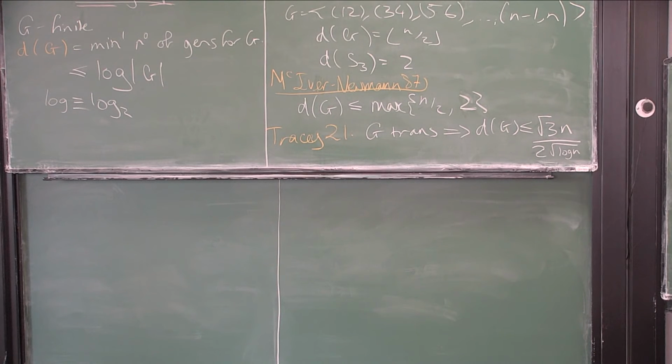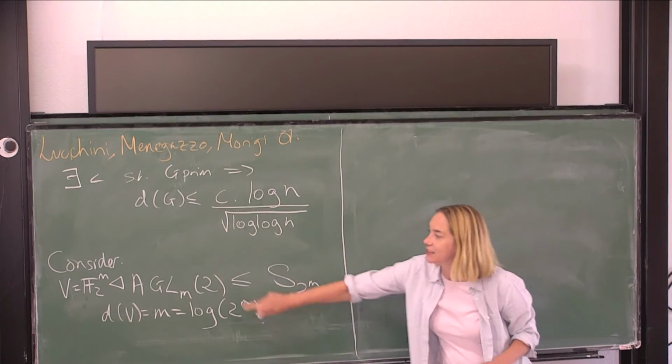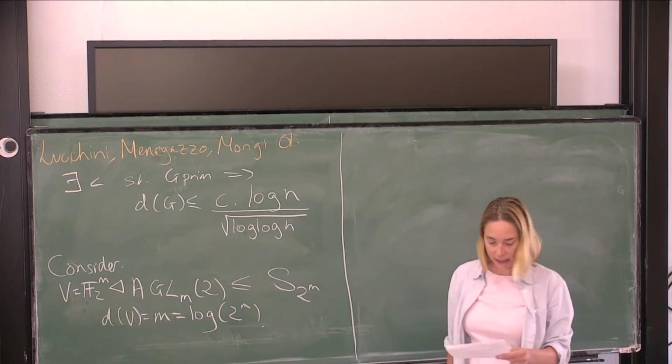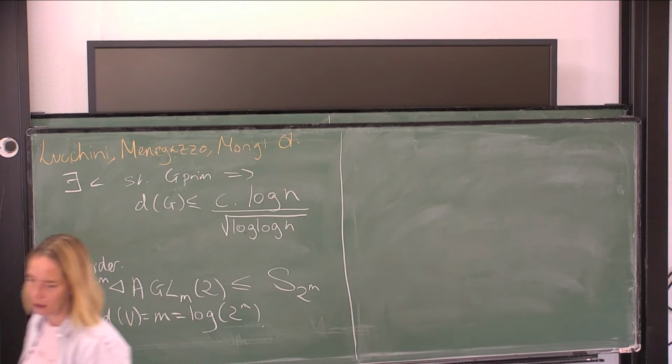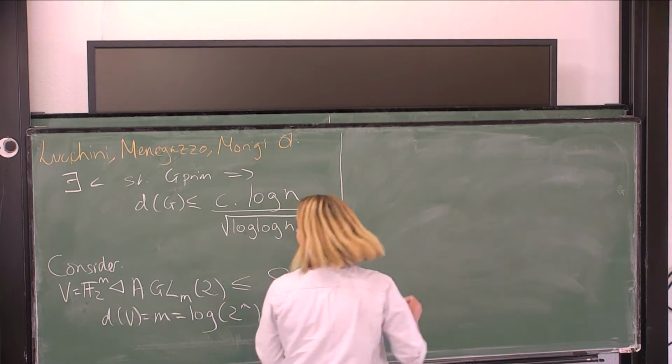So you're certainly not going to do any better than log n for quite a wide class of things. So this can't be that far off being tight, because this is not very far from being all of that.